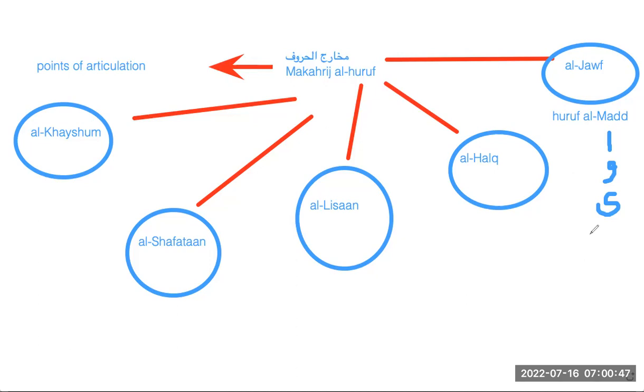Okay, example. This is a silent alif preceded by a letter with fatha. Let us choose the letter fa.